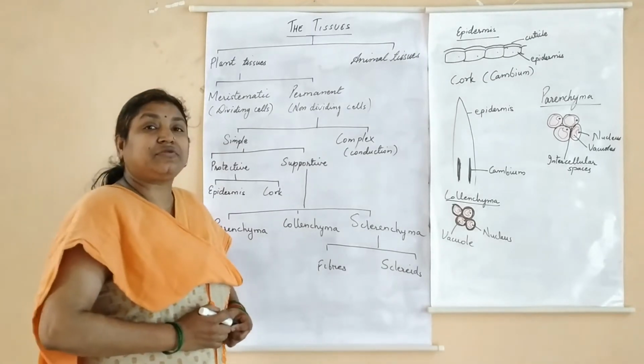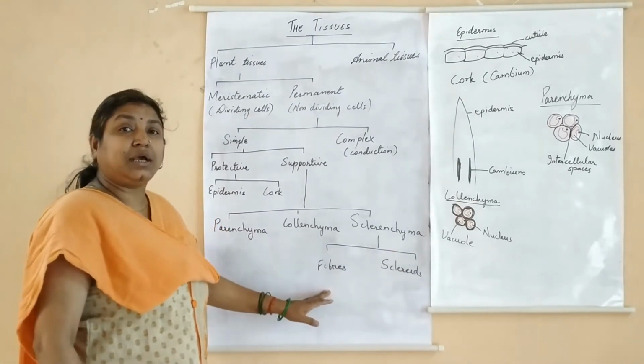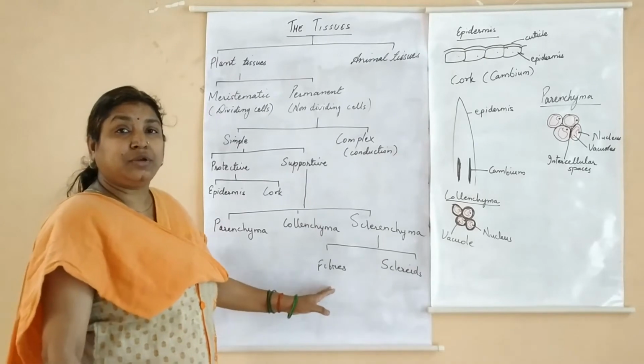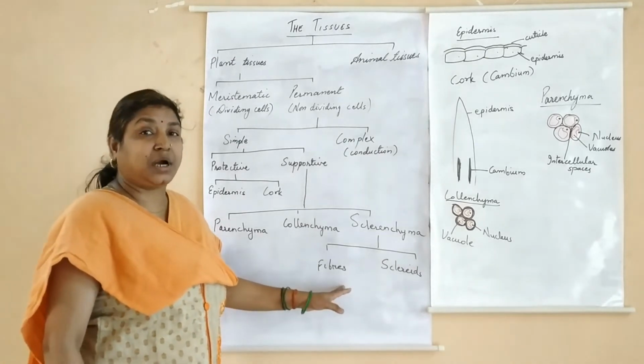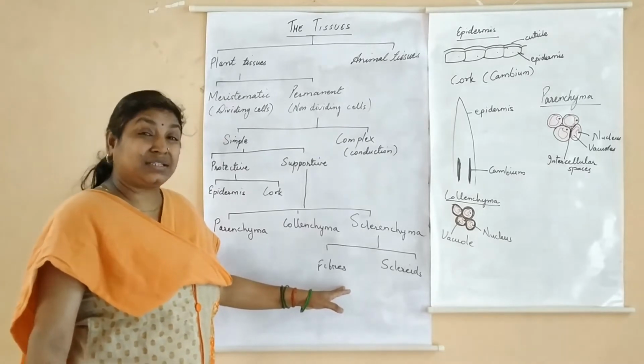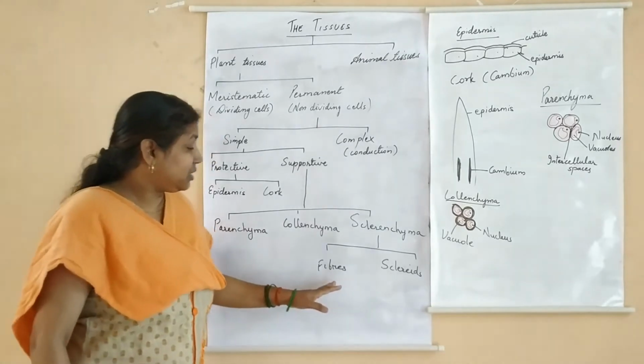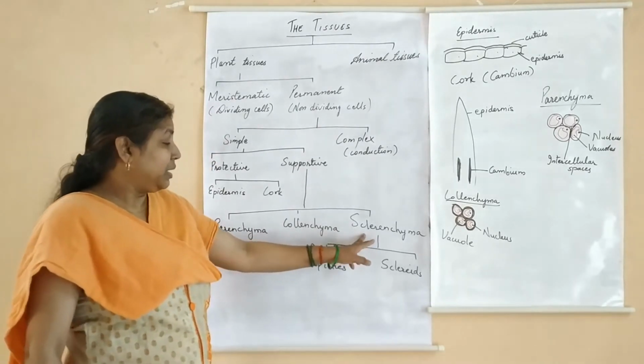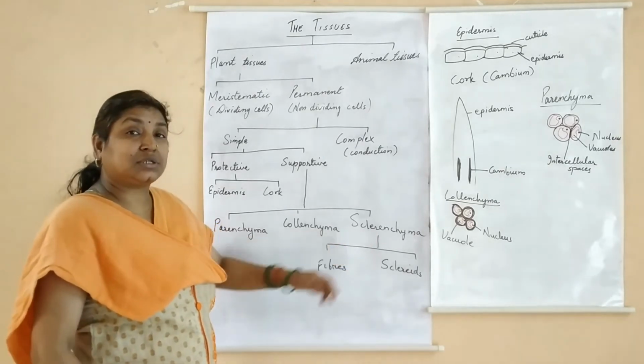You might have seen the fibers obtained from hemp and linen plants for making ropes, clothes, jute bags and all. So what are they? They are nothing but the dead sclerenchyma cells.